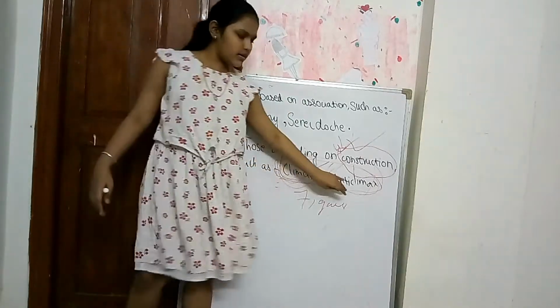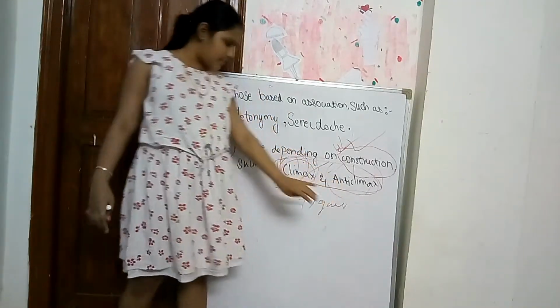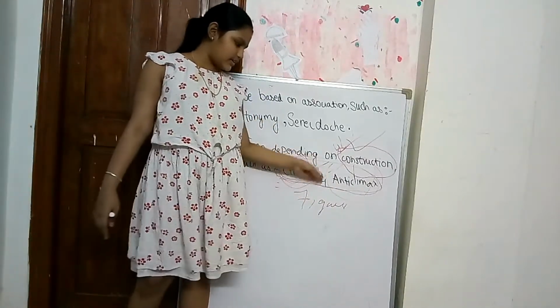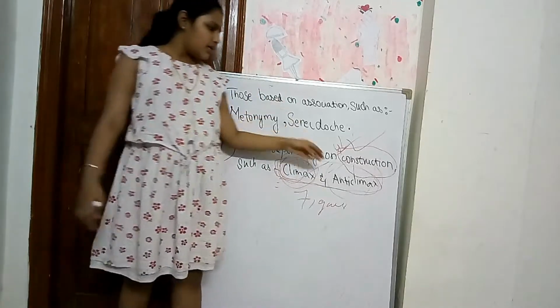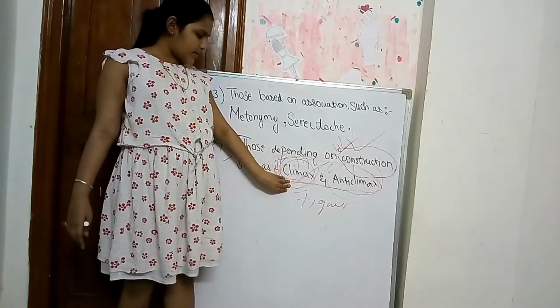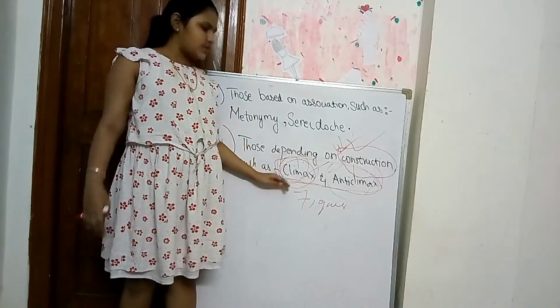You might not have heard the word anticlimax, but when we come to the construction of anticlimax and climax, I'll explain it to you there. But now, talking about climax, it is like a twist.